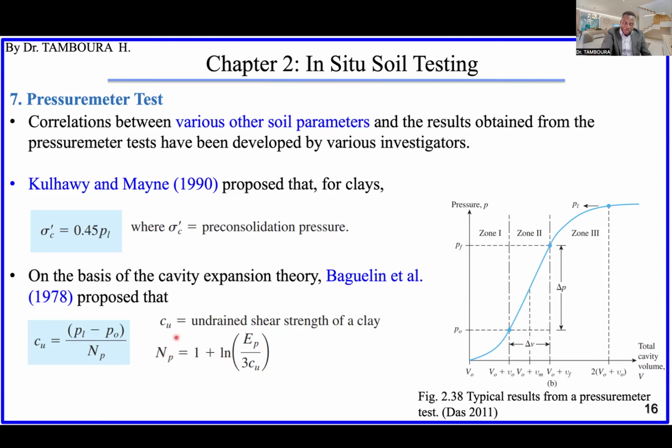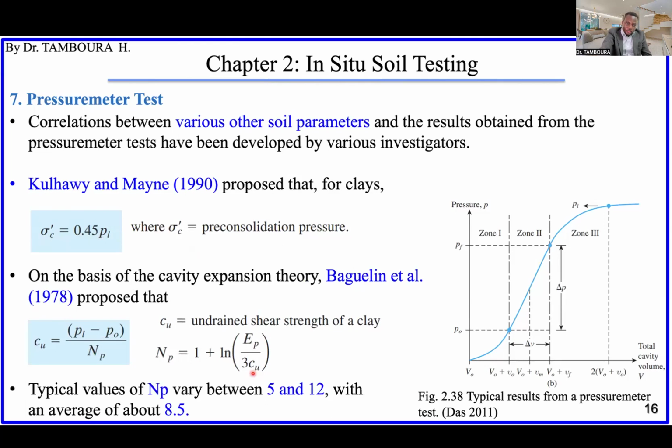The problem is NP also includes Cu, the shear strength. So some values of NP are given here between 5 and 12, with the average being 8.5. So you can take this average and calculate the undrained shear strength for your clay.